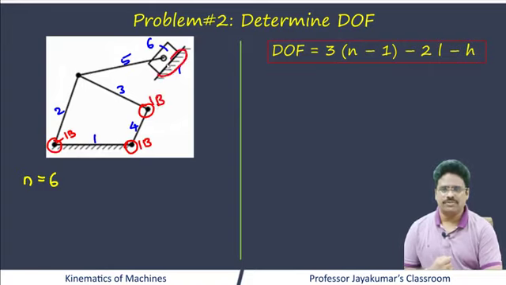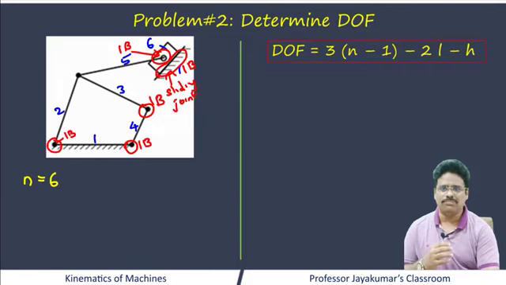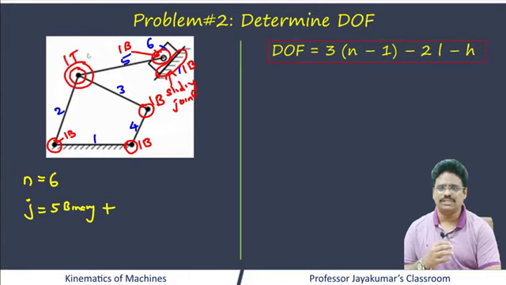Here we have a sliding joint, which is again a binary joint. And also between 5 and 6, we have one more binary joint here. So we have 1, 2, 3, 4, 5 binary joints. Plus we have here one ternary joint.